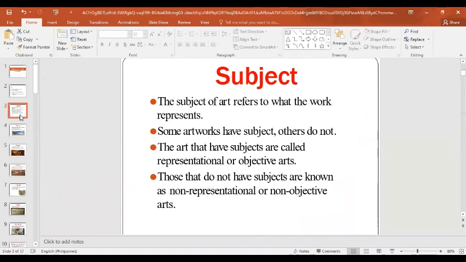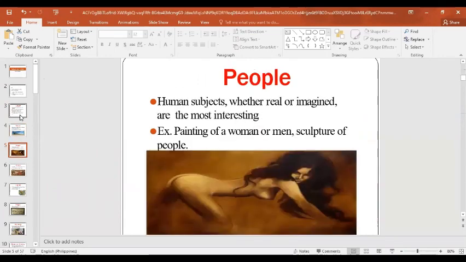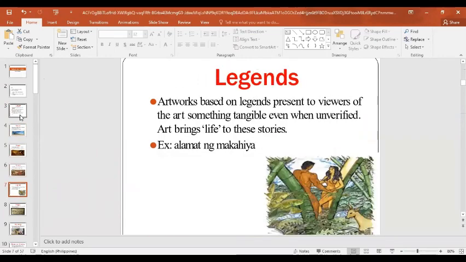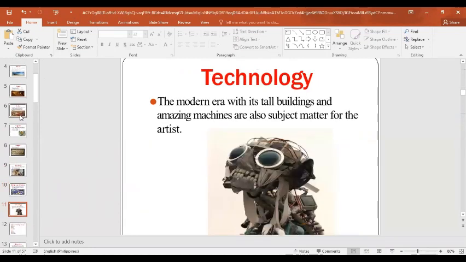And then art that have subjects are called representational, and those that do not have subjects are known as non-representational. So some sources of subject, we have nature, people, history, legends, religion, mythology, dreams and fantasy, and even technology.